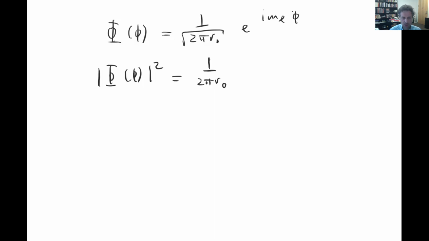There's no particular location along the ring where you are more likely to find the particle. That sounds a little counterintuitive, but in fact, you can understand this by the notion that there's no potential barrier. So there's no reason why the particle should be confined in one particular place along the ring. It's completely symmetric. There's no barrier. That means there is a uniform probability of finding the particle anywhere.